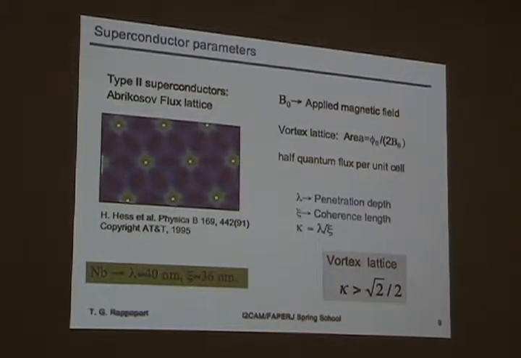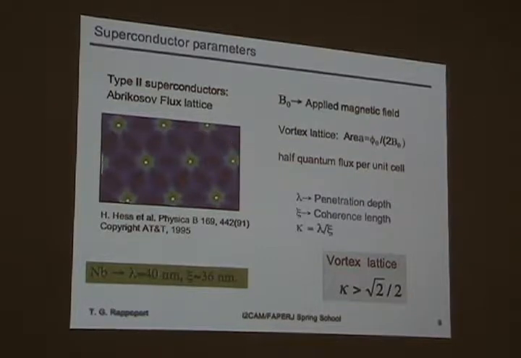Depending on the ratio between these 2 parameters, you can have a vortex phase. In a vortex phase, the vortices organize themselves in a triangular lattice, where the area of the unit cell depends on the inverse of the applied field. When you increase this field, you have to populate the system with more vortices, and you have a smaller lattice parameter.